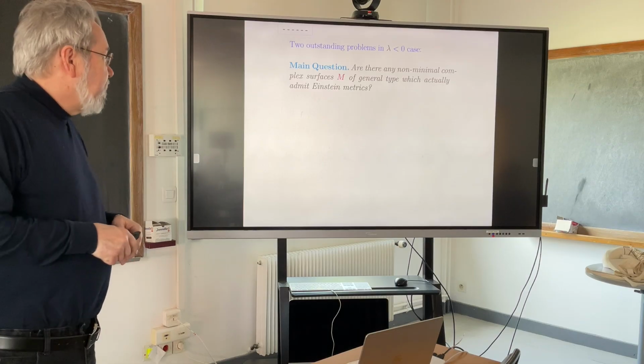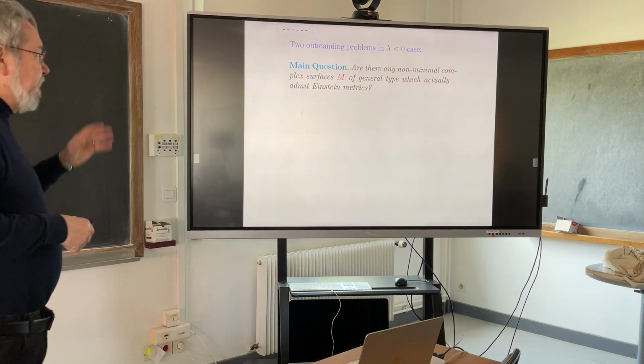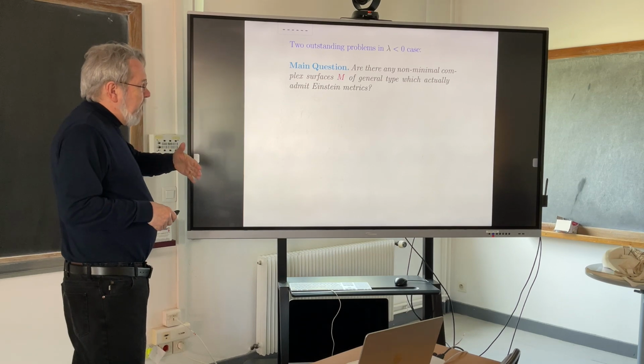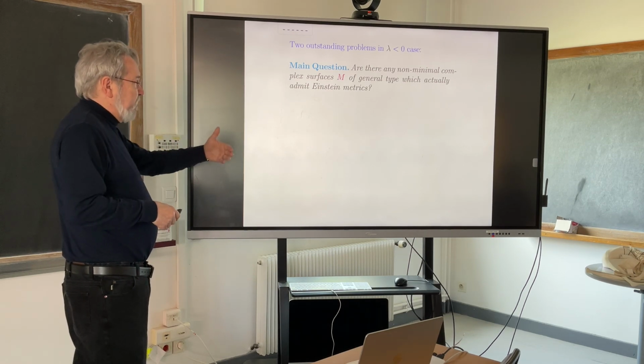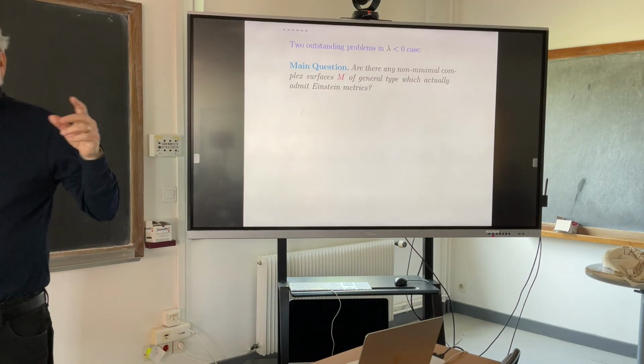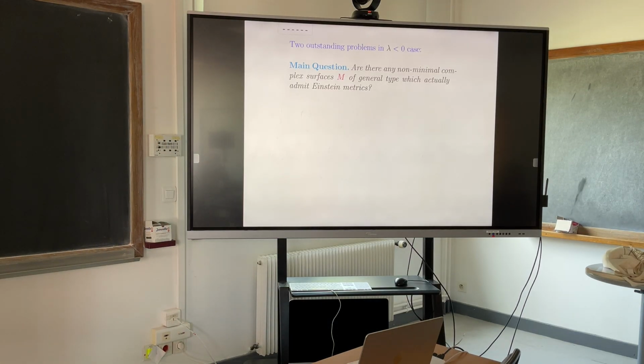Usually, minimal surfaces of general type admit Kähler-Einstein metrics. But if you look at just Kähler-Einstein metrics, you're limited to minimal complex surfaces, and the gap in our knowledge now is that it's conceivable that there are some non-minimal complex surfaces that haven't been blown up too much that might admit an Einstein metric.